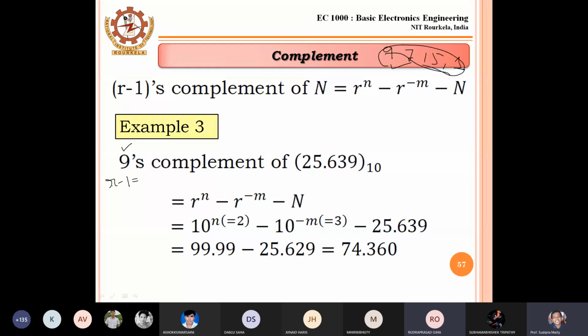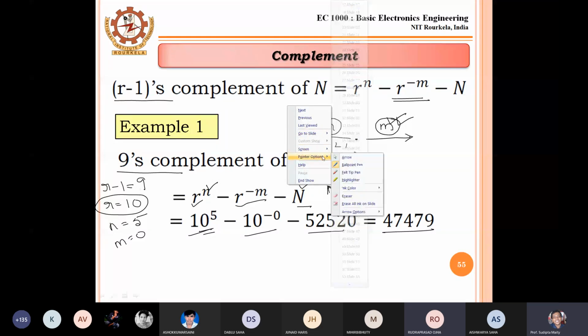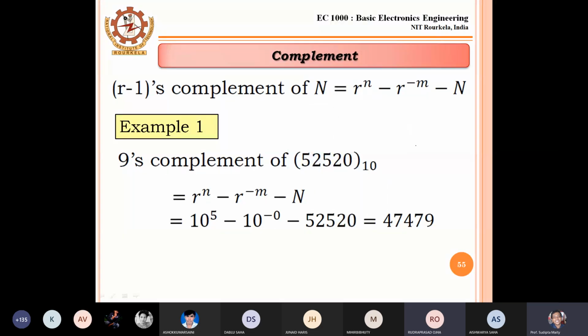Sir, what will you do when we have to find the R minus 1's complement of an integer? Have you consulted slide number 55? Have you listened to that slide? It is an integer, na? 52,520, it is an integer. Sir, if we don't use r to the power minus m in the formula, then the result will come out differently.